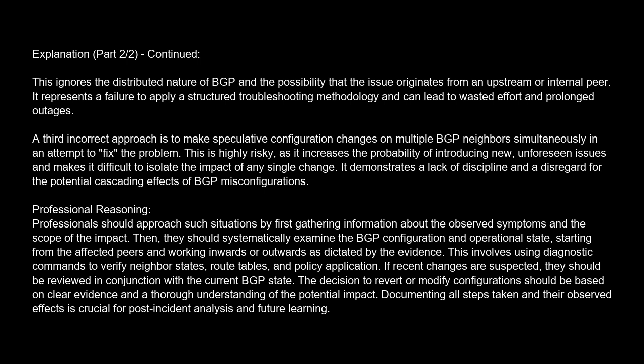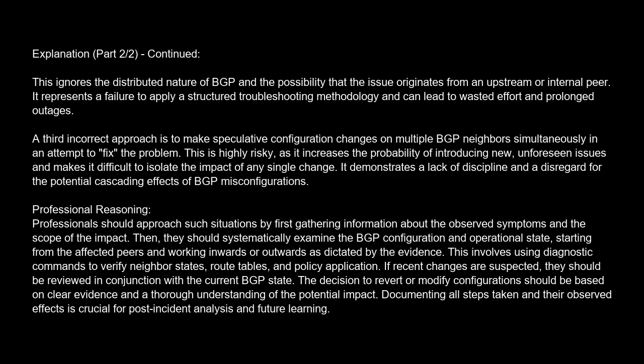Professional reasoning. Professionals should approach such situations by first gathering information about the observed symptoms and the scope of the impact. Then, they should systematically examine the BGP configuration and operational state, starting from the affected peers and working inwards or outwards as dictated by the evidence. This involves using diagnostic commands to verify neighbor states, route tables, and policy application.